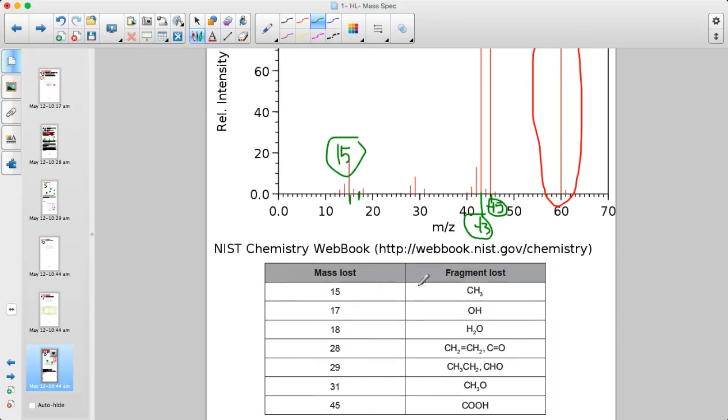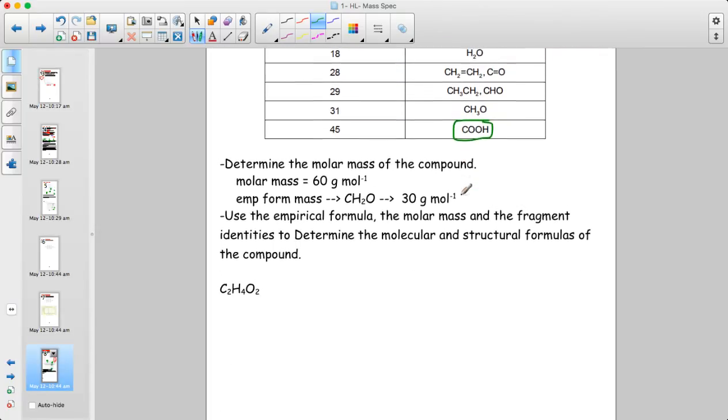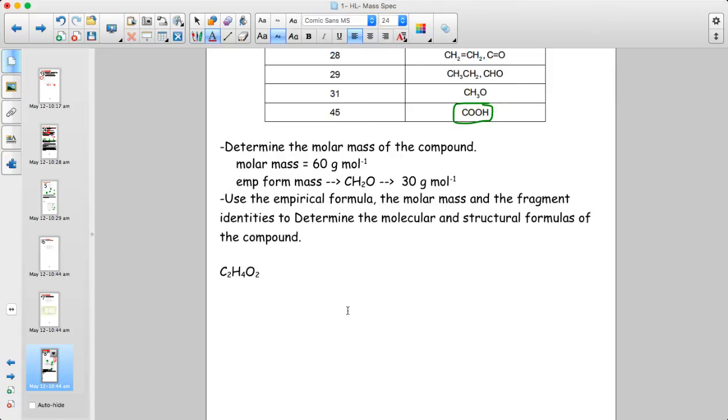All right, so I've got 15 and 45 seems like a definite one. So let's check it out. A common thing that has a mass of 45 is COOH, and a common thing that has a mass of 15 is CH3. Let's see what happens if I put those together. If I put together CH3 and COOH, and you imagine it breaking right in between the CH3 and the COOH, that's what produces the 15 and the 45 fragment.